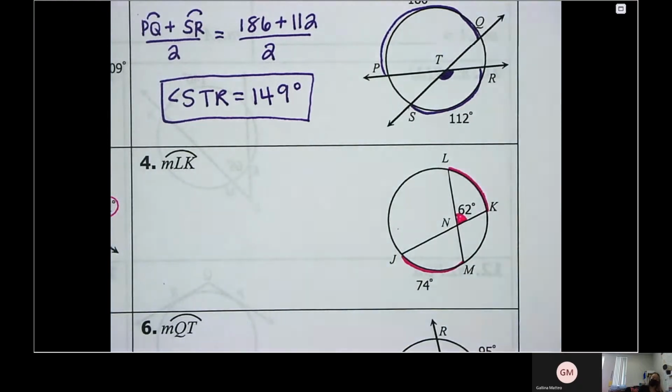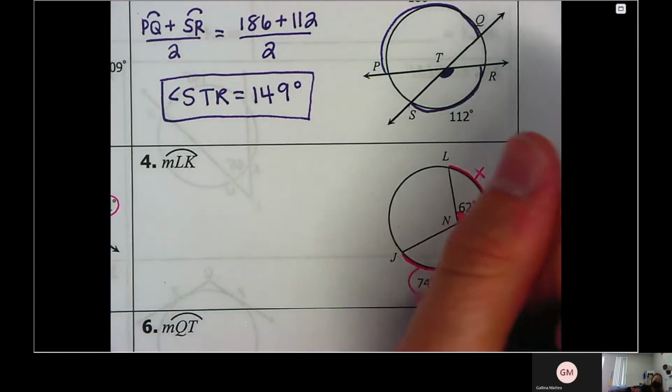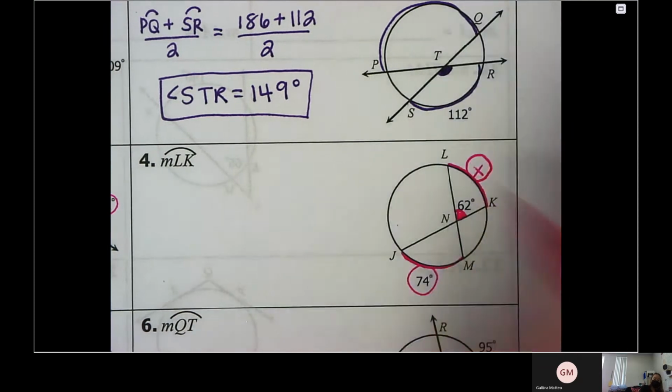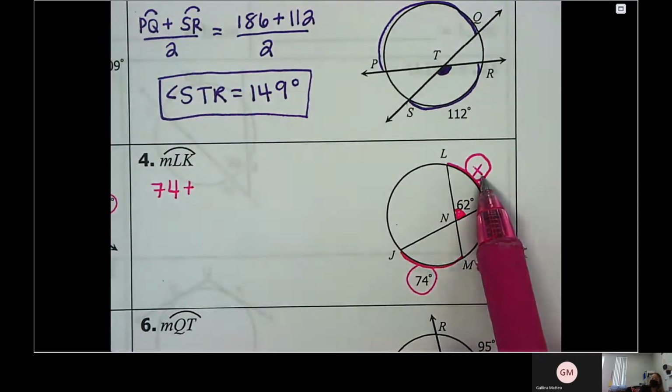If you want, we can put an X there. Then I'm going to write it using the same equation: the arc plus the arc divided by 2 equals the angle. So my 2 arcs are 74, and my unknown arc over here is just X.